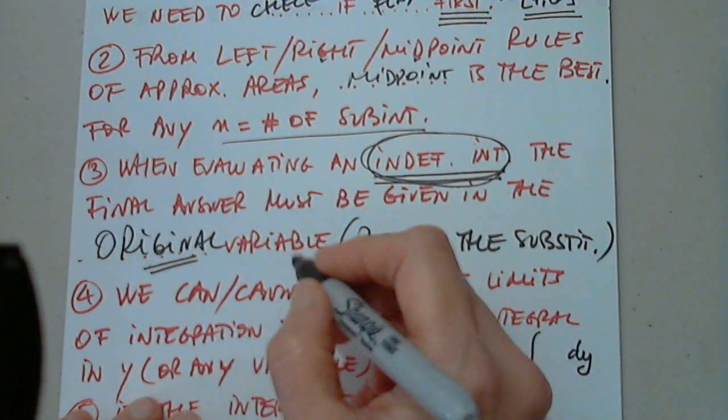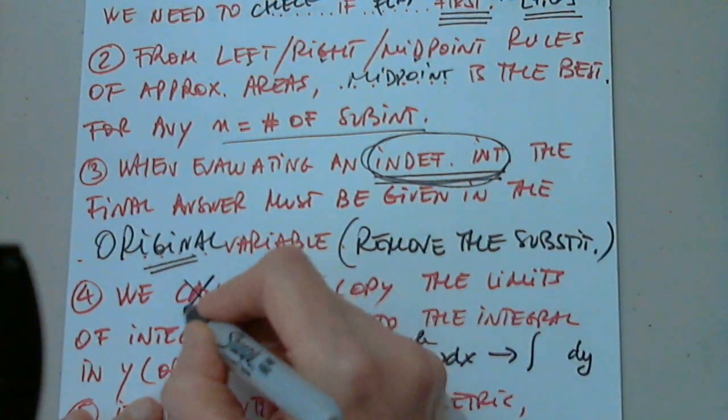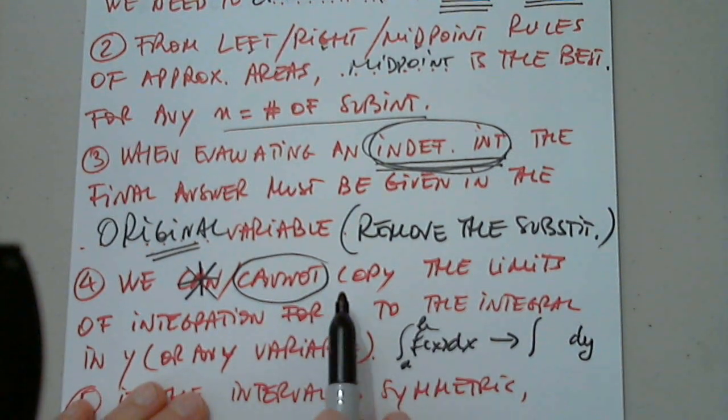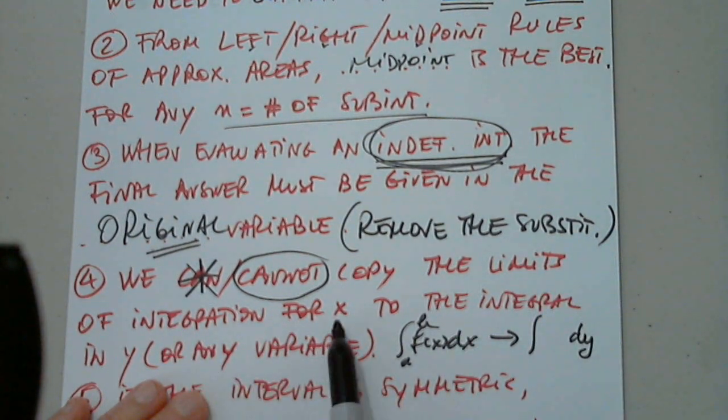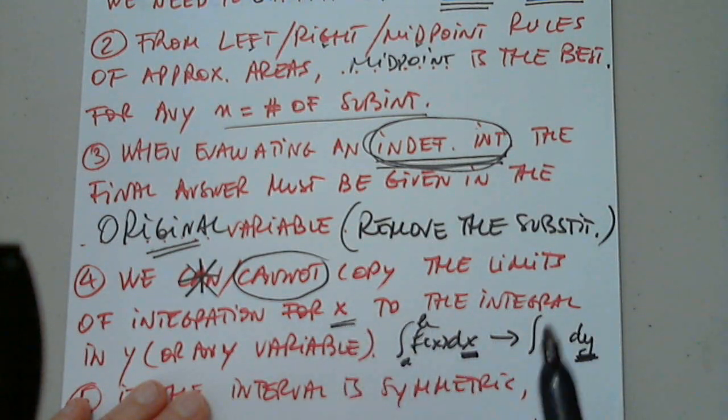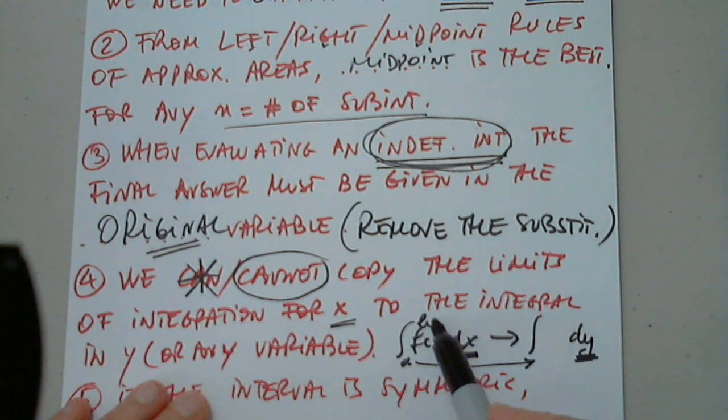No. We cannot ever copy the limits of integration for x to the integral in y. We have to determine them. This will create a number here, and this will give us a different number here.